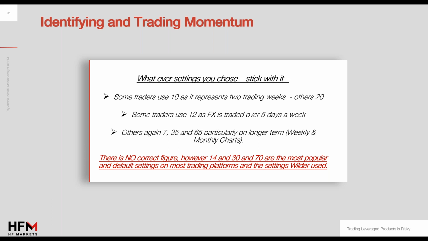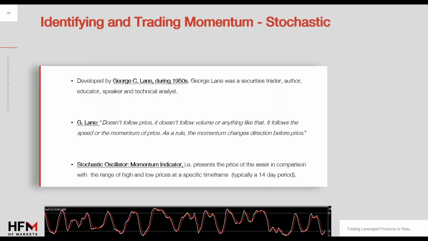Next one, stochastic. Very similar to RSI, but it contains two lines, a fast one and a slow one, bounded again between 0 and 100, but the overbought and oversold territories are a bit different.